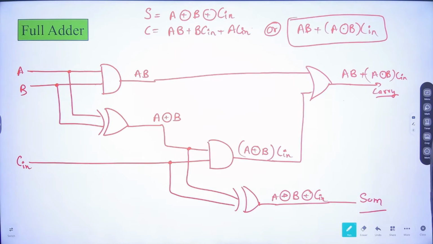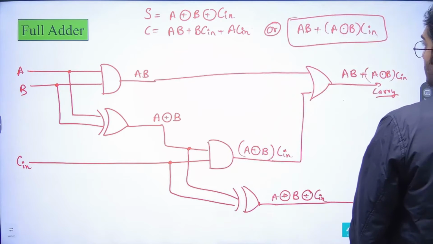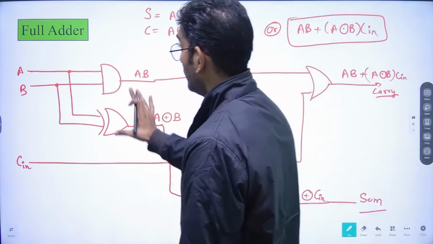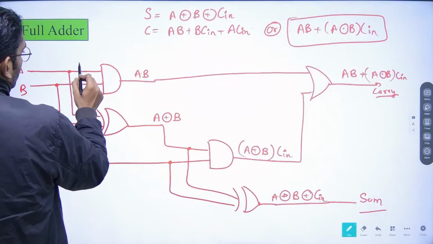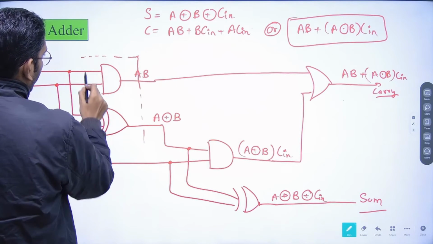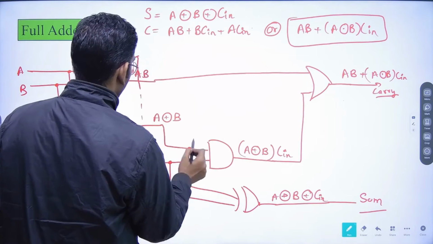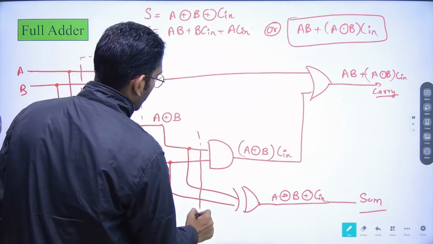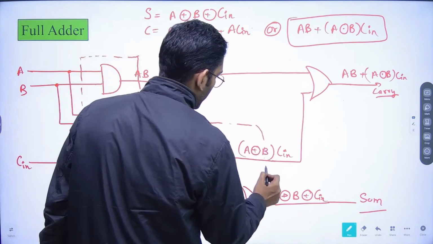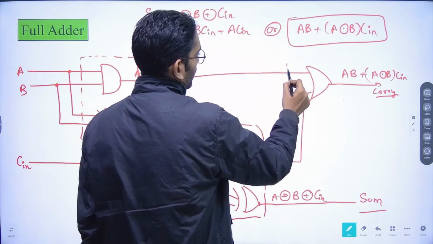From here what we can deduce is that this full adder, if we can see, this is particularly one half adder, and this is particularly another half adder, and this is basically an OR gate.